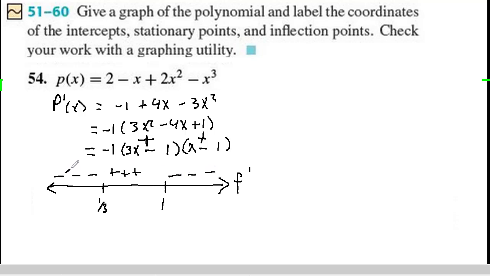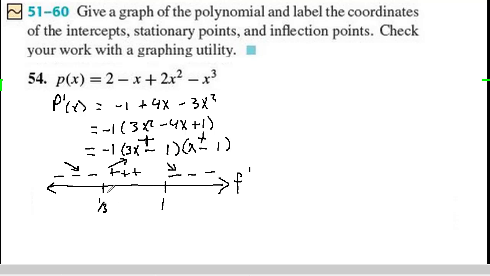This tells us that our graph is decreasing to the left of 1/3. It's increasing once we get past 1/3, and then it starts decreasing again after we get past 1.